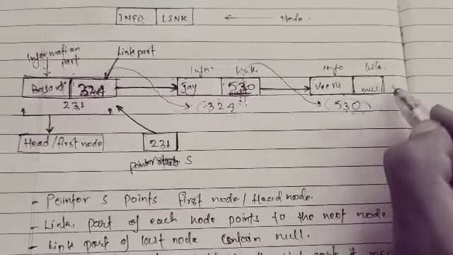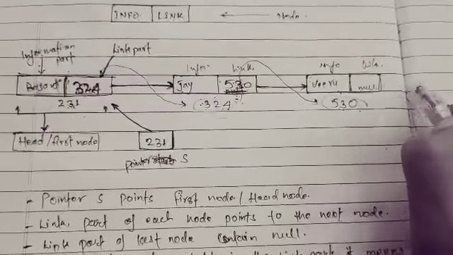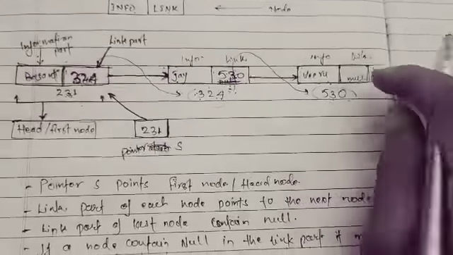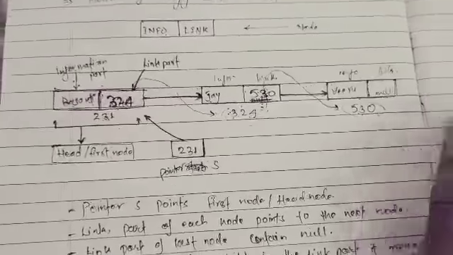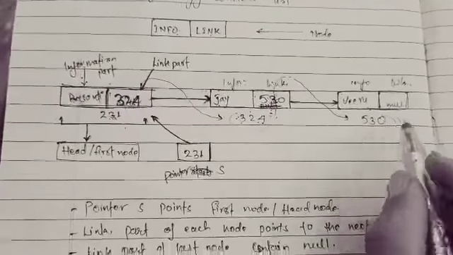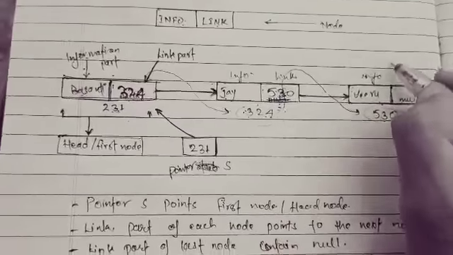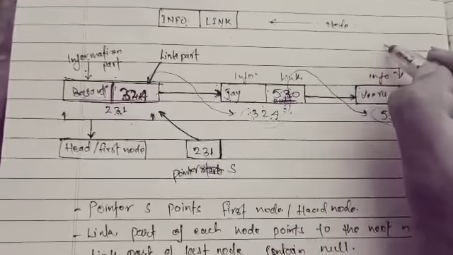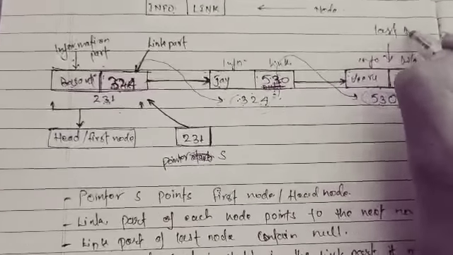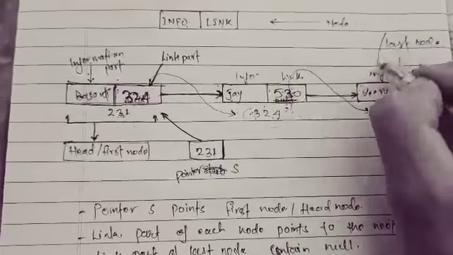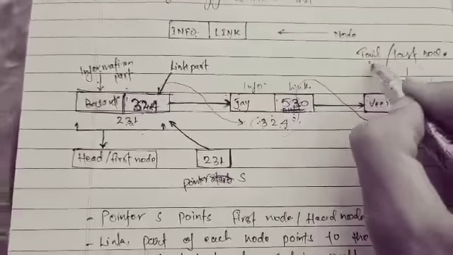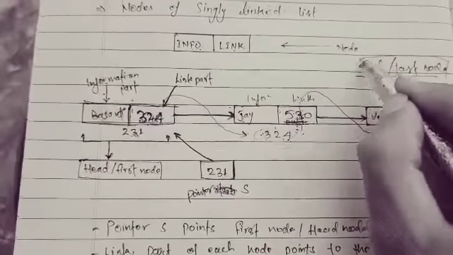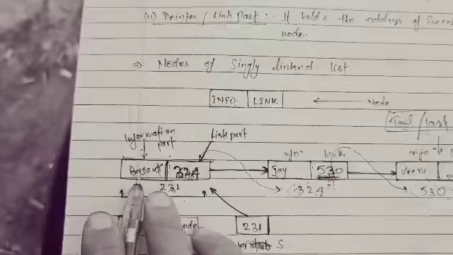So here we stop. We could increase the nodes, but we stop here. So it is the last node, also called the tail node or last node.